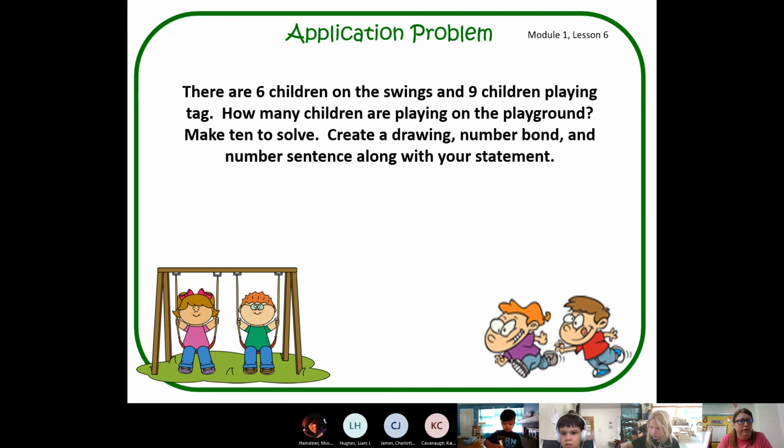There were 6 children on the swings and 9 playing tag. So what's that number sentence? Write it on your board.